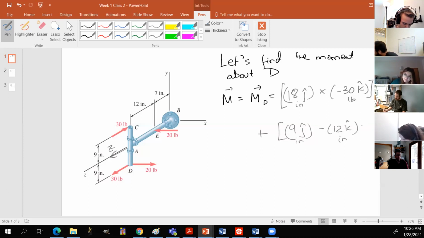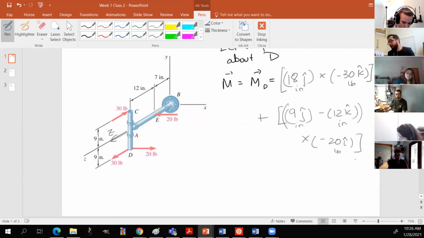And then, running out of brackets, see that master bracket like that. So that one crossed with your 20-pound force, which is in the negative X, right? So you have minus 20 pounds in the I hat direction.